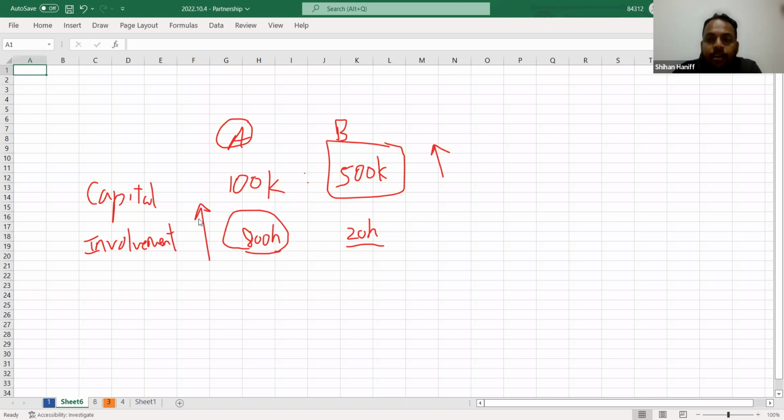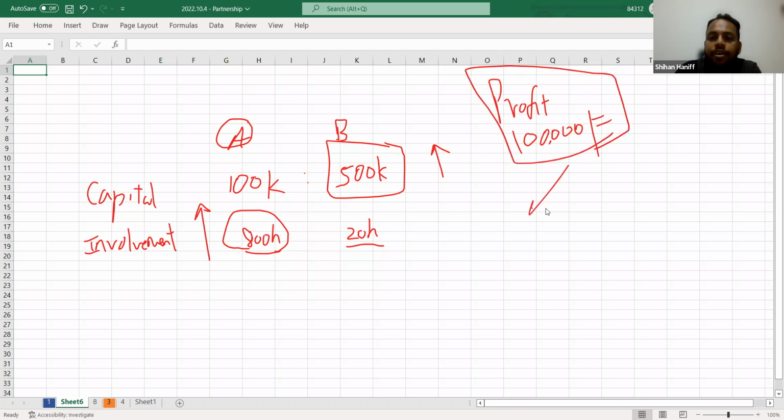right? So likewise, there are different ways partners involvement or investment to the business. So therefore, when dividing the profit, let's say this partnership has a profit of 100,000. 100,000 profit. So you can't distribute this 100,000 50-50. 50,000, 50,000.